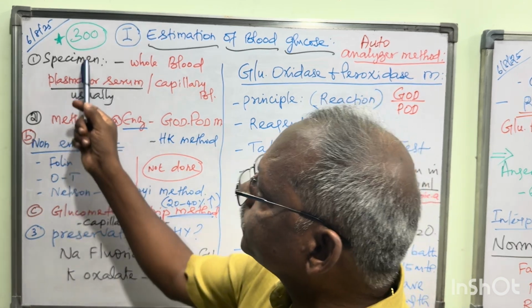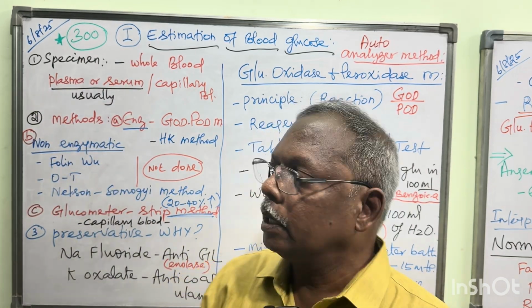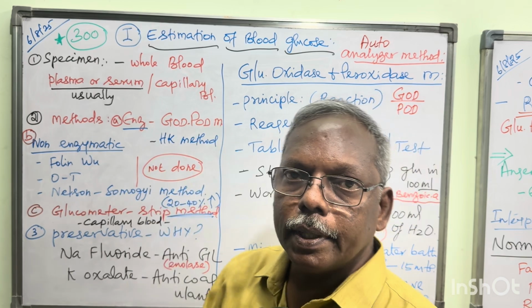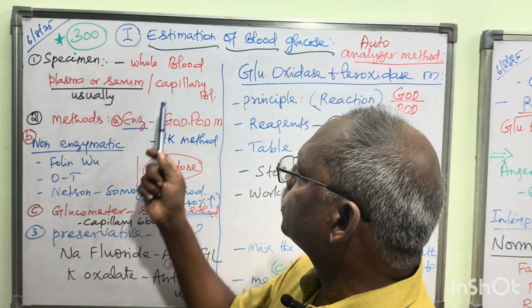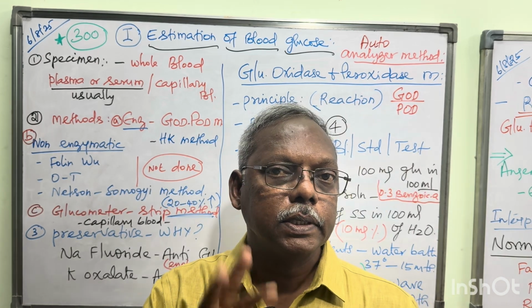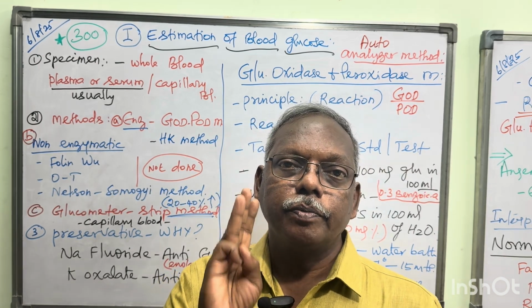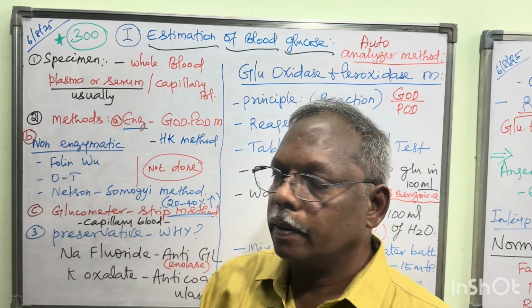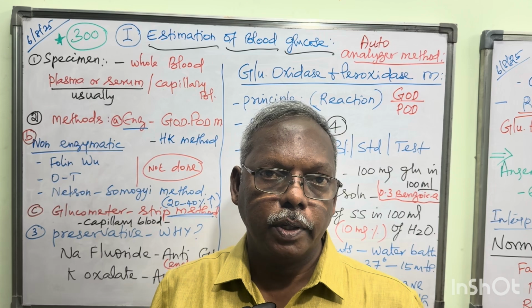What specimens do you have to collect? The first one is whole blood, second is plasma or serum, third is capillary blood. These are the 3 specimens you can collect. Usually we do plasma or serum glucose only.